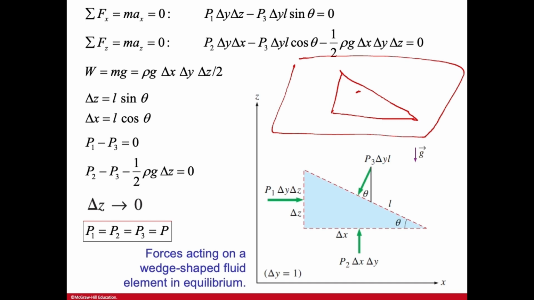The height of this wedge is delta z, the length is delta x, and the length of this inclined surface is L, with delta y being the depth of the wedge. This depth delta y is given to be just 1, to make life simpler, so it's treated as unit width. Essentially it becomes a 2D problem instead of a 3-dimensional problem, right?